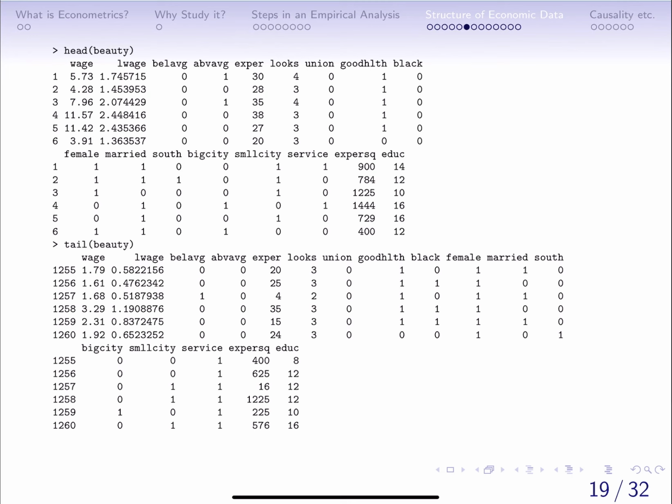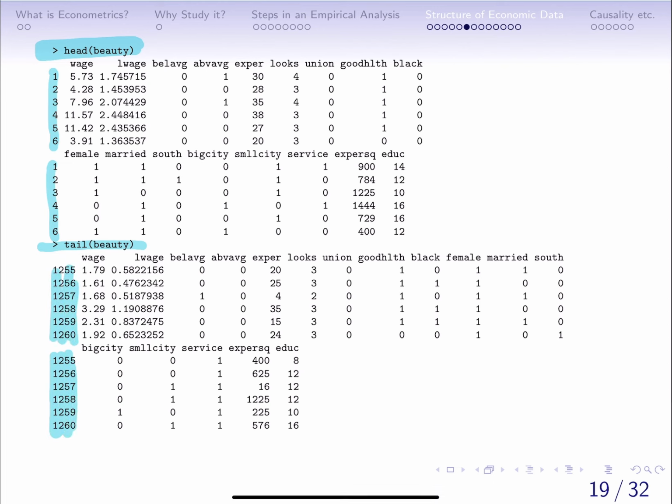There are some other commands that might be useful. For example, if you wanted to just look at the first 6 rows of your data set, you can just say head beauty, and this is going to give you the first 6 observations for those 17 variables. Okay. Similarly, you could say tail beauty, and that would give you the last 6 observations for those 17 variables.